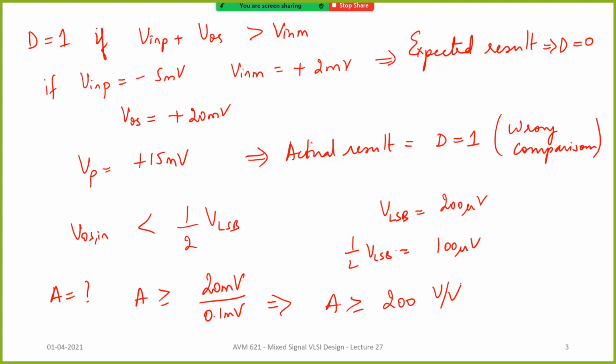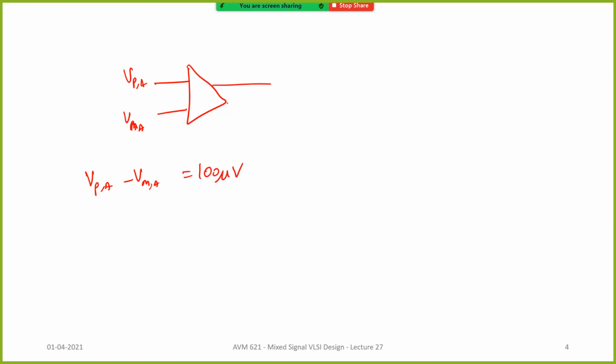All right, so what is the advantage? If you have a 100 microvolt signal, let's say VPA minus VMA is equal to 100 microvolt, after this, what is going to be the swing here? So 200 times 100 microvolt, that's going to be 20 millivolt, exactly equal to your offset.